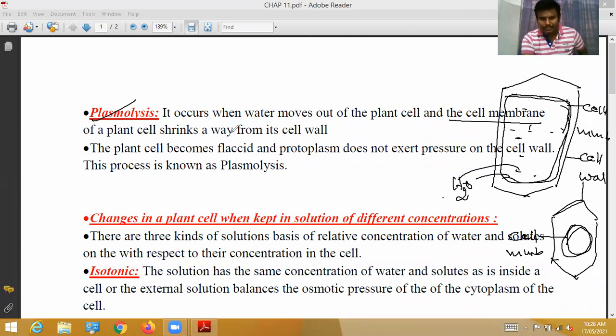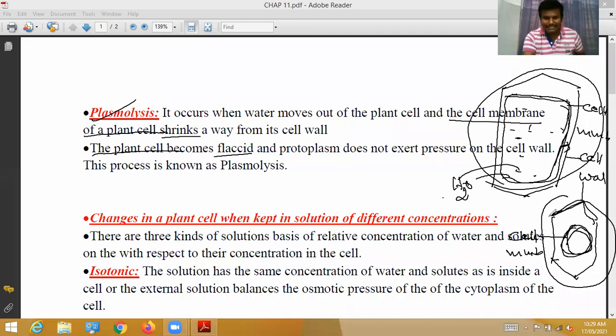So when water moves out of the plant cell, the cell membrane shrinks away from the cell wall. Actually, this cell membrane is normally in close contact with the cell wall. When water is expelled out of the cell, the cell membrane gradually shrinks away from it. In that condition the plant cell becomes flaccid, which means inactive.